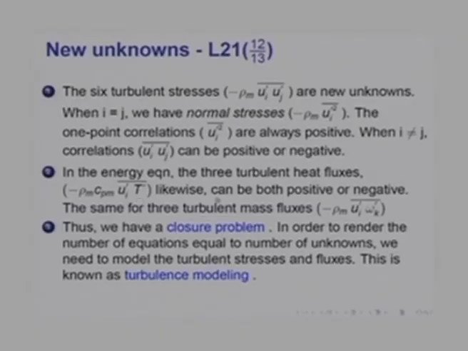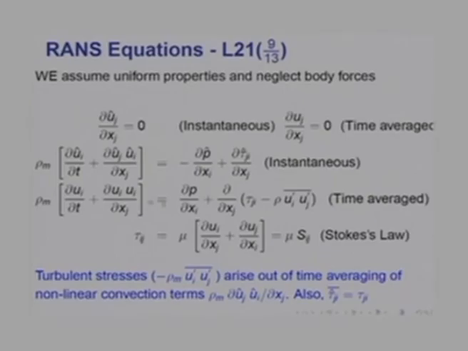So, in effect we have now a new closure problem. We simply have 3 momentum equations and 1 continuity equation, but we have created 6 more new unknowns called the turbulent stresses. So, we have 4 equations and 3 velocities, pressure and 6 stresses, 10 unknowns.